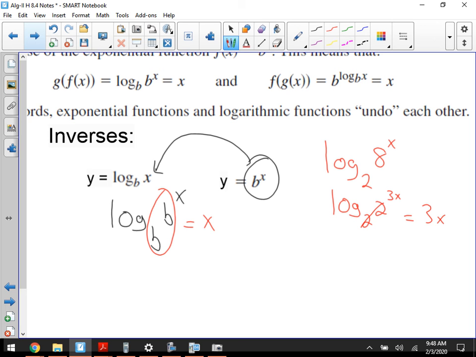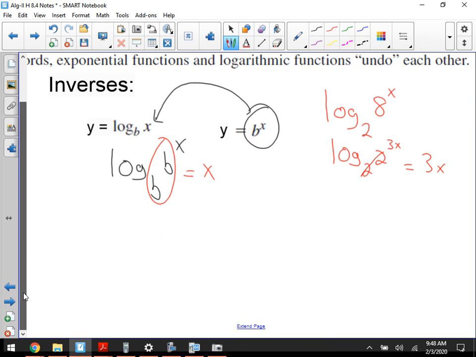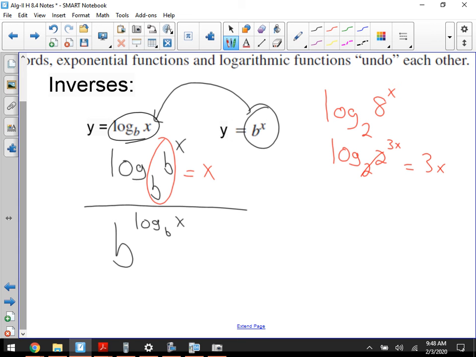Eventually, this is what's going to allow us to solve equations by doing the same thing to both sides. I can log both sides of an equation. And then another one we'll do is called exponentiate. I'll show you an example of that here in a second. So that's why this one works going that way. And then if I go the other direction, if I say it's b to the log base b of x, since these two are the same, even though the log becomes an exponent, if those bases are the same, the value of x just remains.